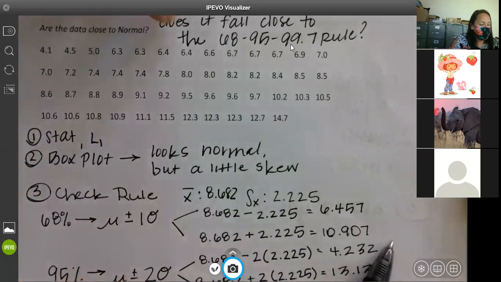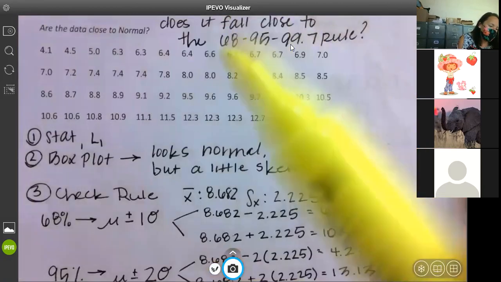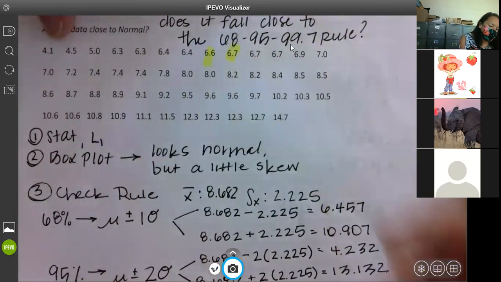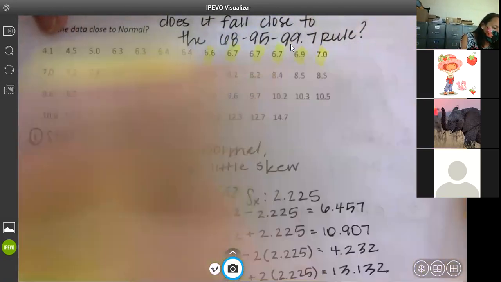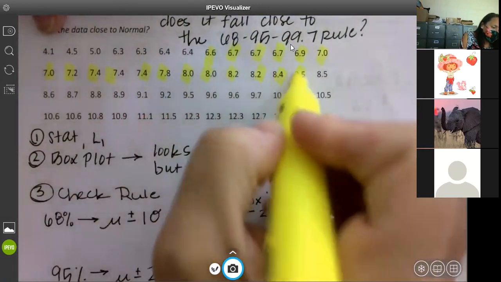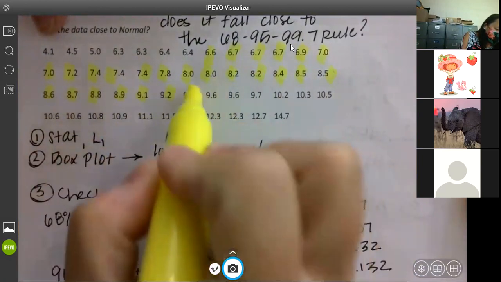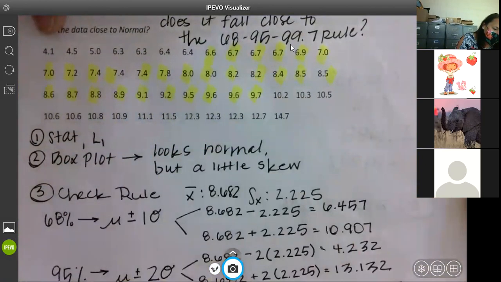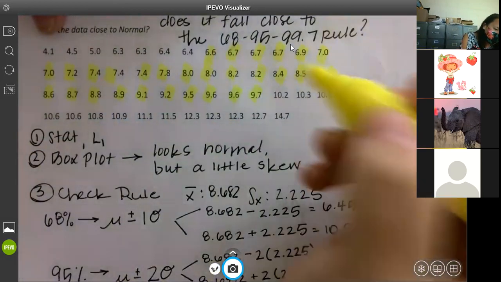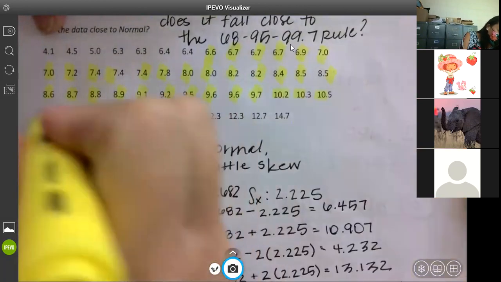So start looking, 6.4 is not, so your first value is 6.6, 6.7, all the way up to 10.9.